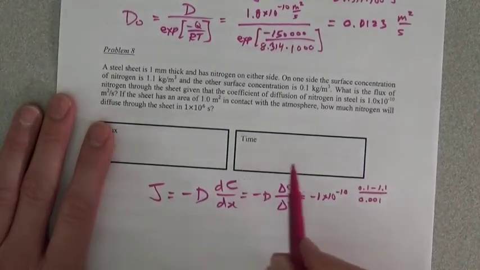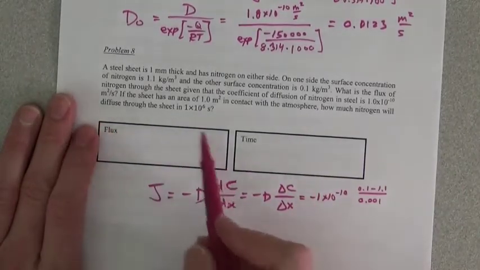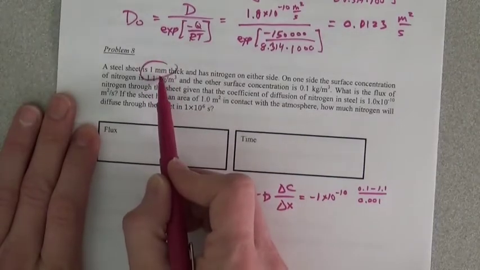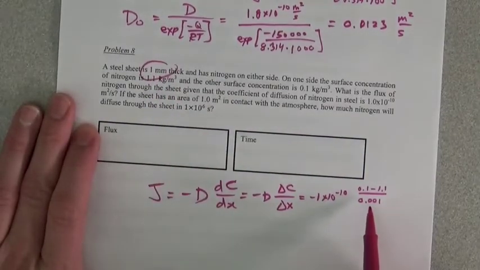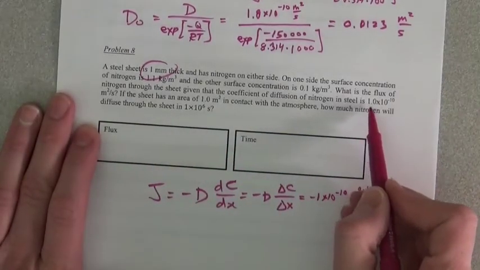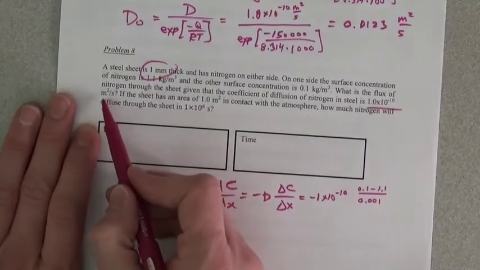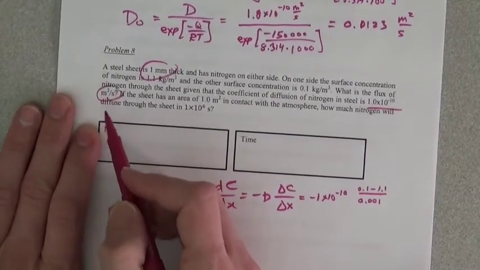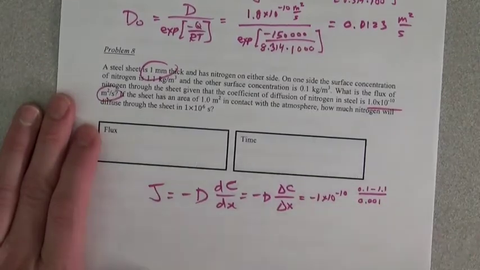Notice I had to transform the thickness in millimeters into meters because our diffusion coefficient was given in meters squared per second. So that's something to keep an eye on.